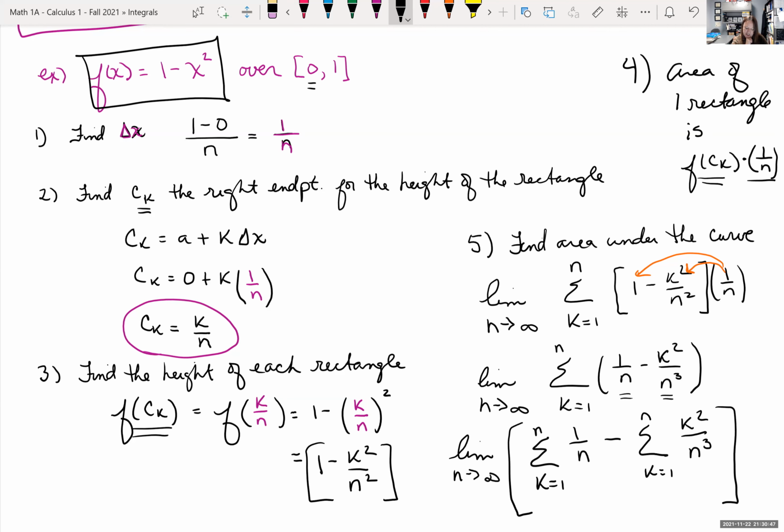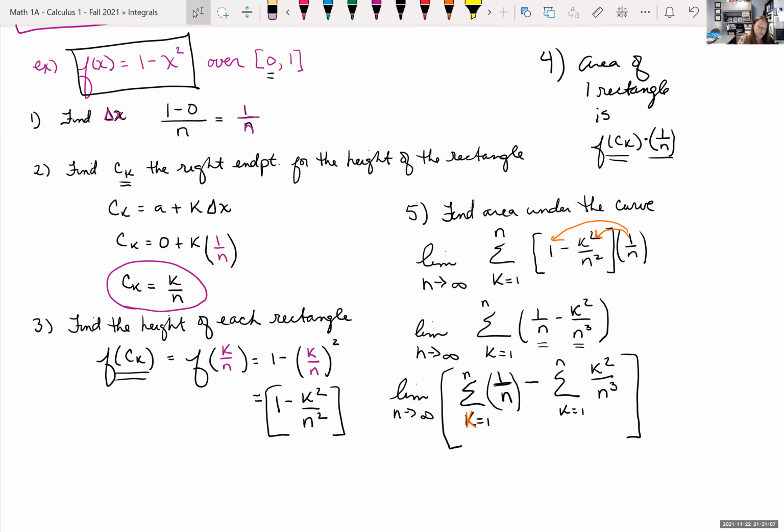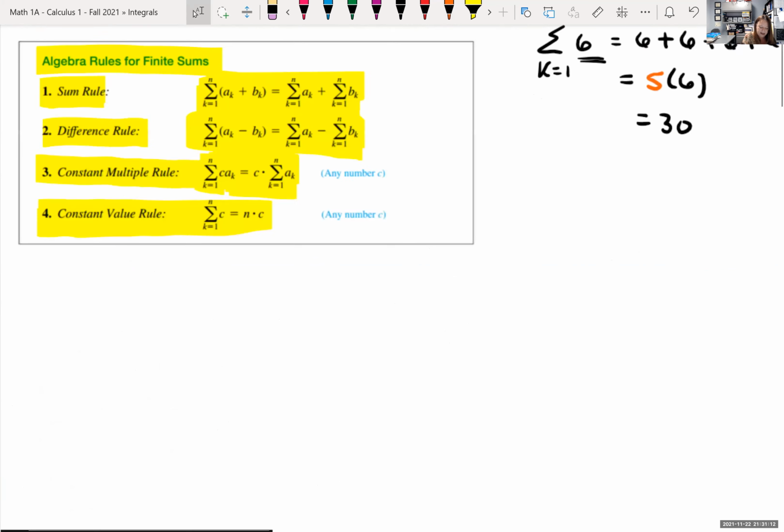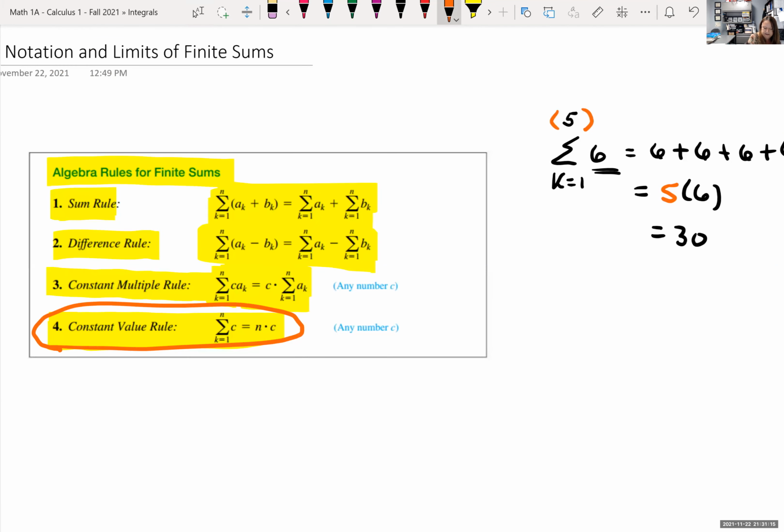Notice that first summation, that 1 over n, doesn't have a k in there. If it doesn't have the variable that we're using, then think of this as a constant. Recall that if we had a constant, then it would just be n times whatever that constant is.